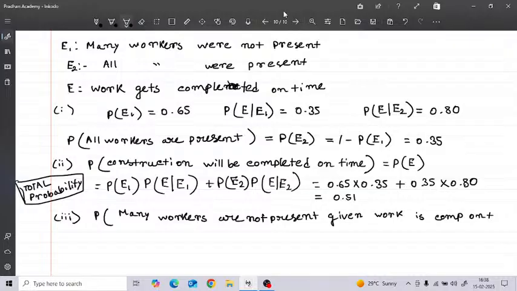So that is my event. It is denoted by probability of E1 bar E. That's the opposite of probability E bar E1 that was given.